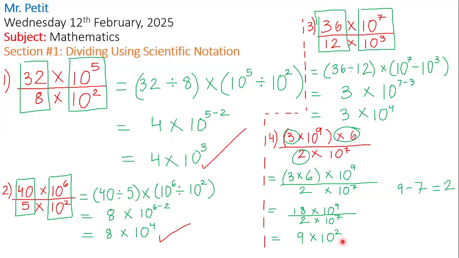I sent it to you on my mother's phone. All right, take a picture of your work and send it to me via WhatsApp.